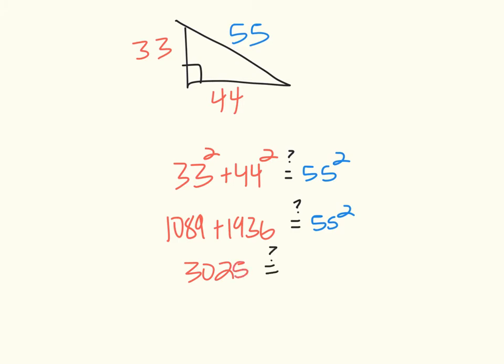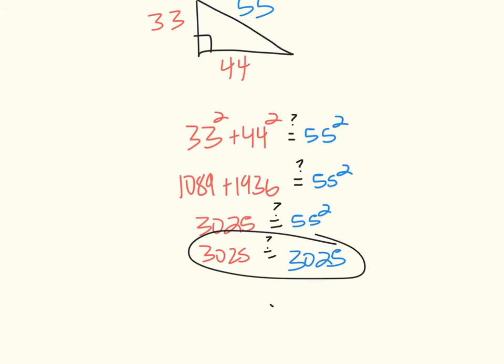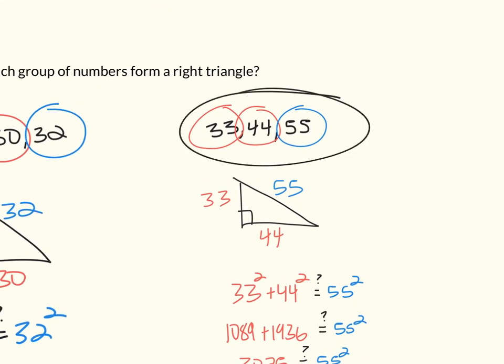And is that the same as 55 to the power of 2? Well, 55 to the power of 2 is 3025. And is 3025 the same as 3025? Well, of course it is. So yes, this group forms a right triangle.